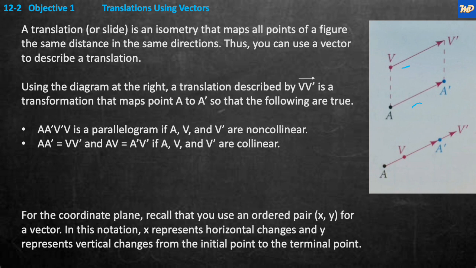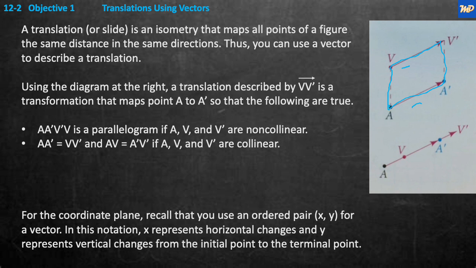So if the following are true, A A prime, V V prime, so here we're talking about going from A to A prime, V, this right here, is a parallelogram if A, V, and V prime are non-collinear.